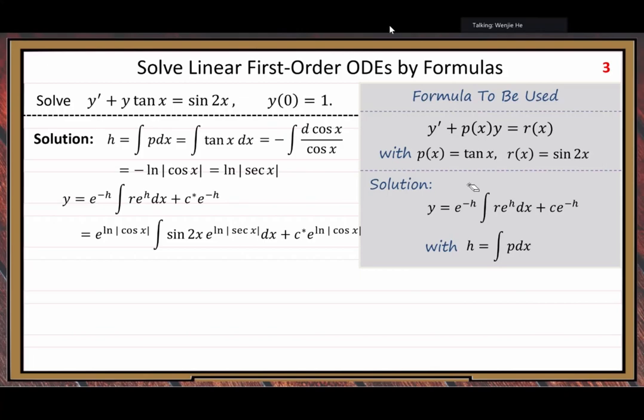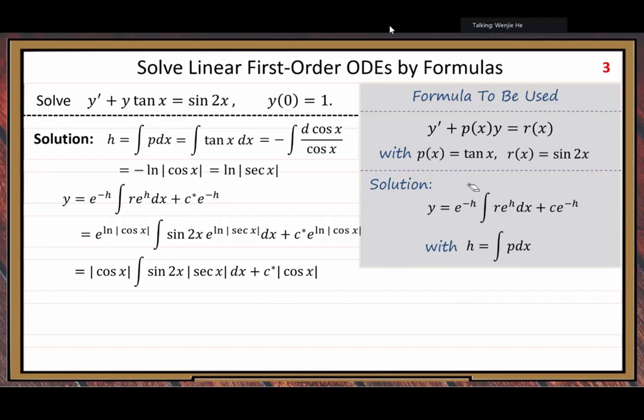Then e and natural log cancel out, and we have the absolute value of the cosine function. Here they cancel out, but we need to keep this absolute value form. Then a constant.